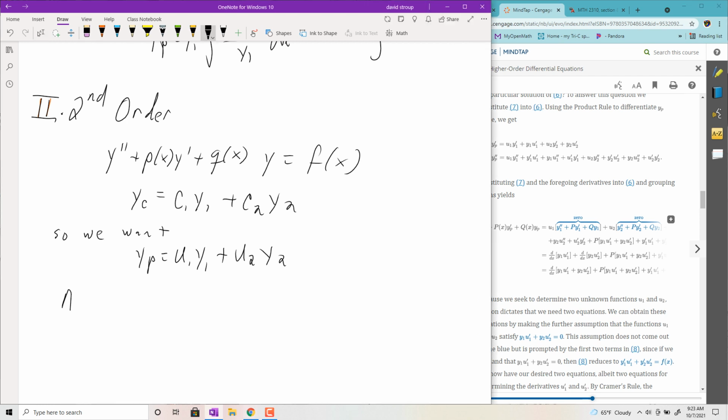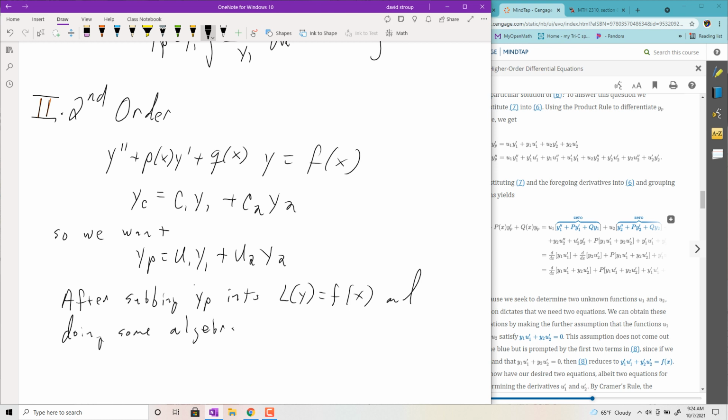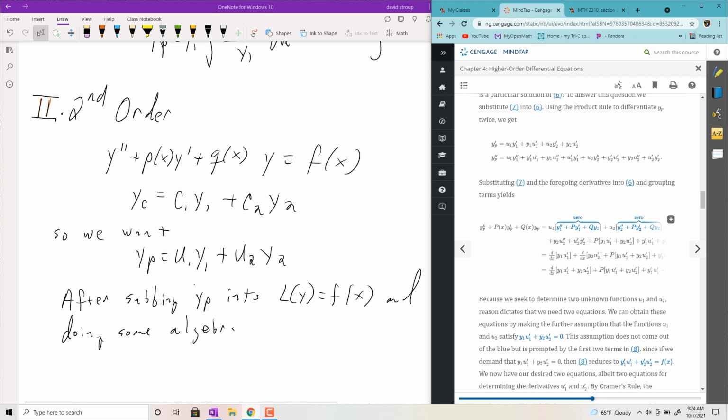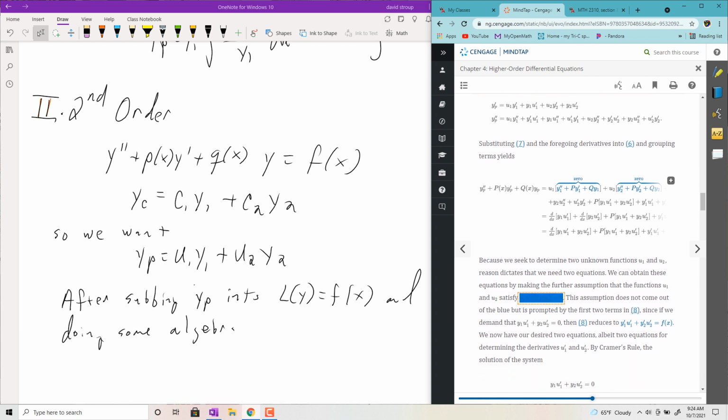And after you do that, so after subbing y sub p into our non-homogeneous differential equation, L of y equals f of x, and doing some algebra, some fancy footwork there, I think we have to make an assumption right here, and that becomes part of our system of equations.